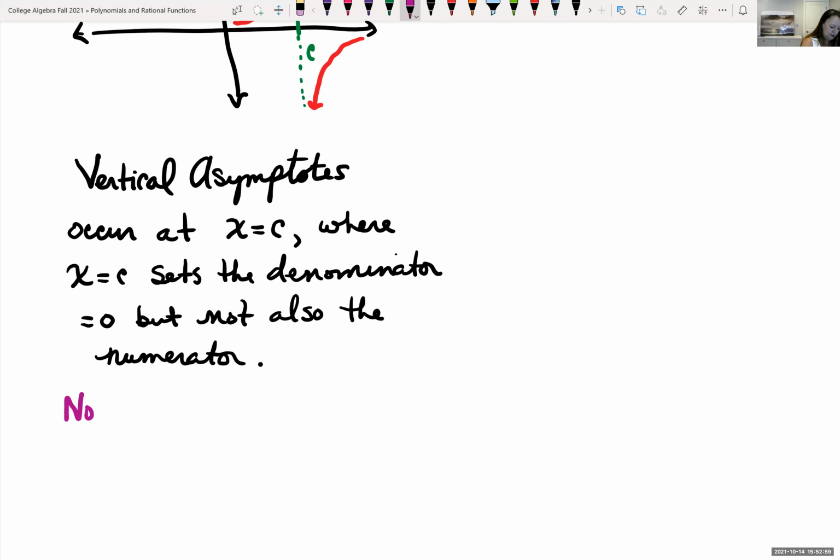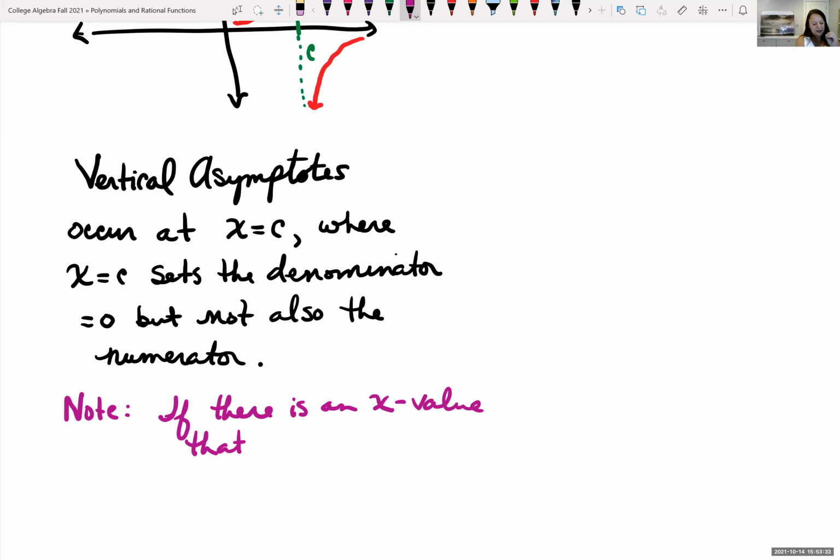Note, if there's an x value that sets both equal to 0, it's not an asymptote, but it's not defined because we can never have our value set our denominator equal to 0 and be in our domain. And so it's not an asymptote, it's not defined. So we're going to have actually an open circle at that value.